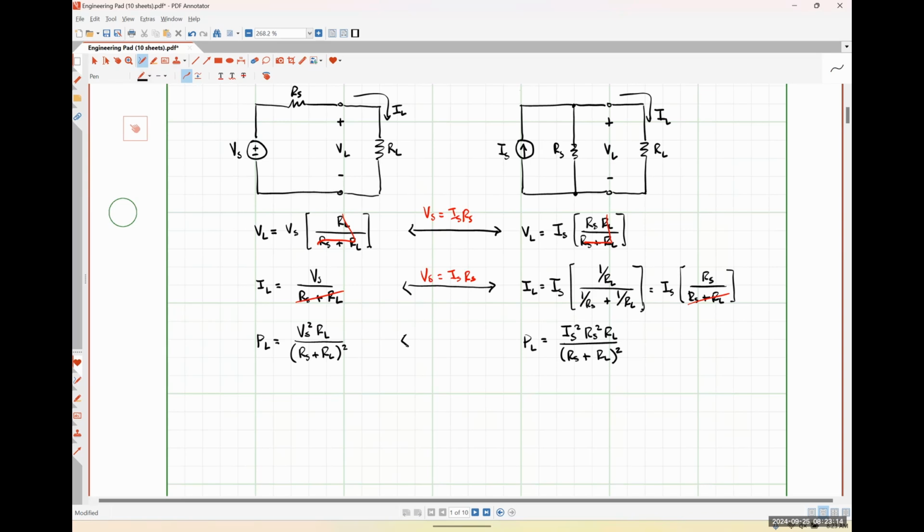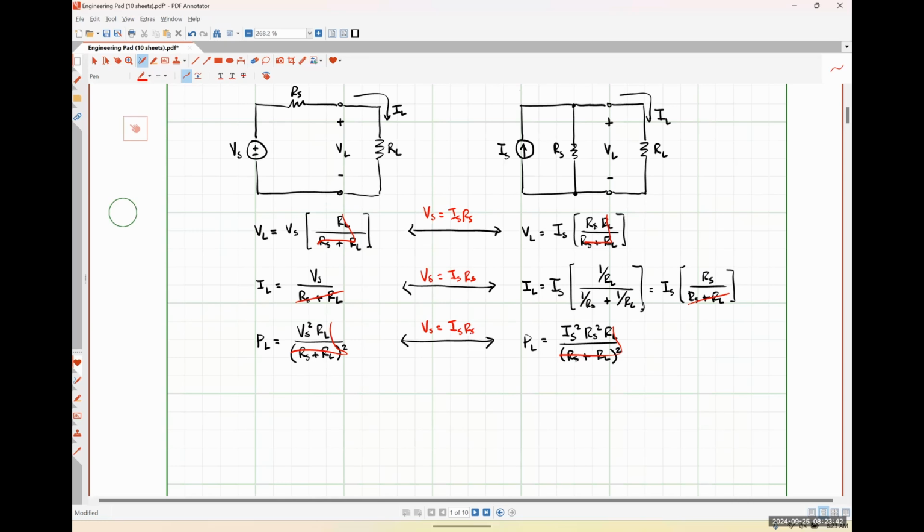And lastly, forcing my powers to be equivalent and seeing what cancels out, I have a common factor of RL over RS plus RL quantity squared. So that cancels that. VS squared is equal to IS squared times RS squared, or once again, no surprise whatsoever, we have the relationship that VS is equal to IS times RS.